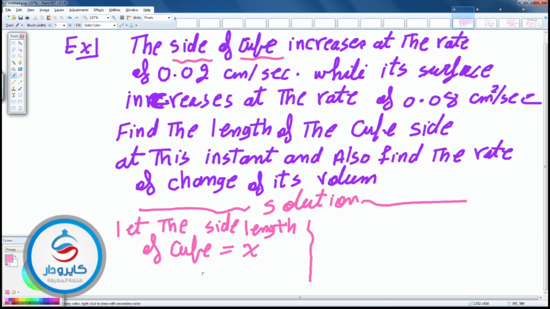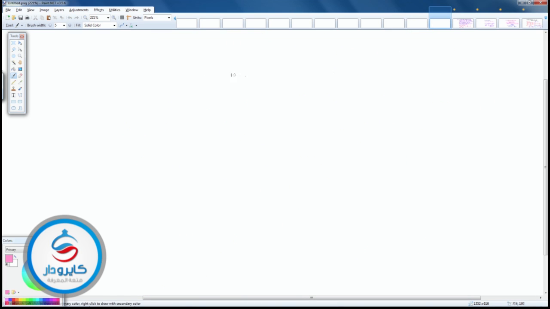We have dx over dt equals 0.02, and we have S, the surface area of the cube, with ds over dt equals 0.08. So let's move to find the relation.